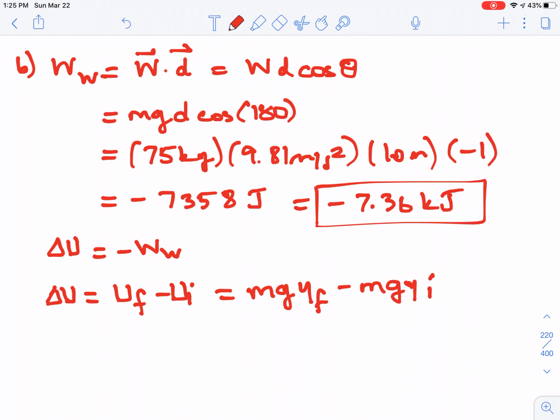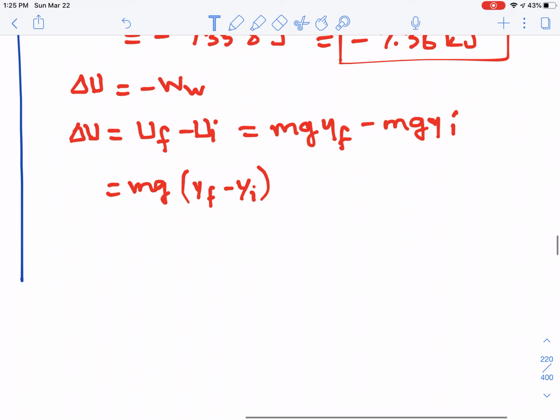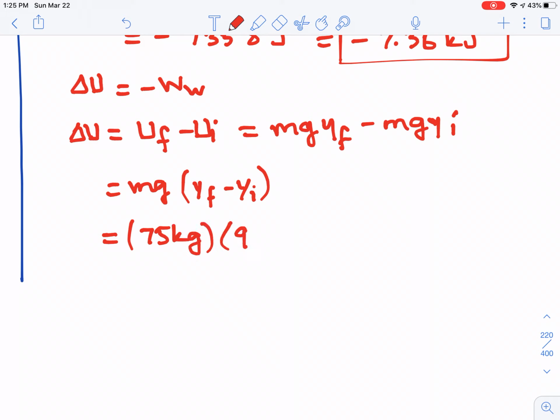So let's write this down. We have mg, and I'm going to take a common parentheses of mg. That should give us, m is once again 75 kilograms. G is 9.81 meters per second squared. What is final y? Since we said the origin is at the bottom, the initial y is going to be 0.